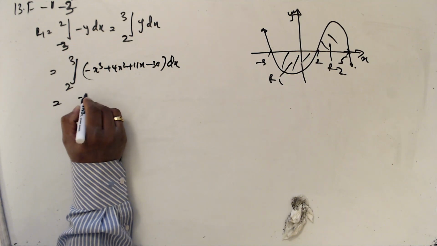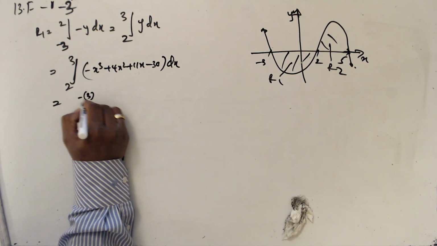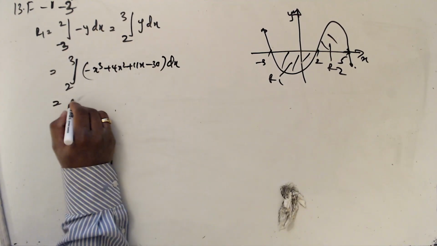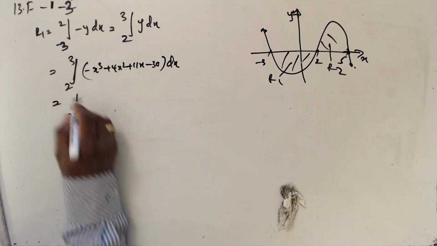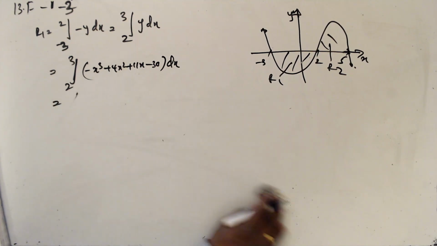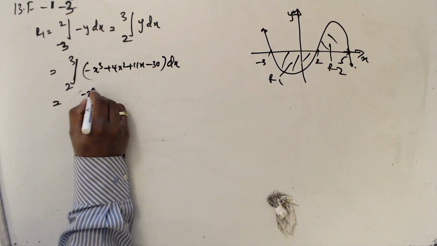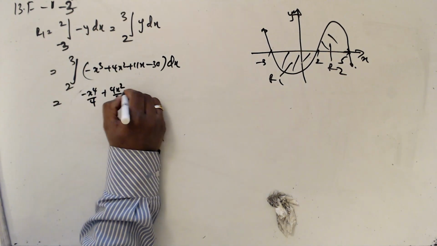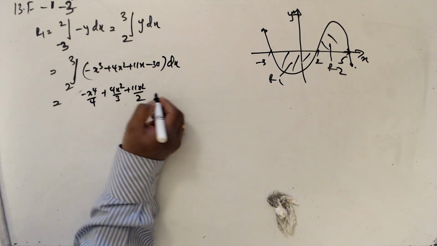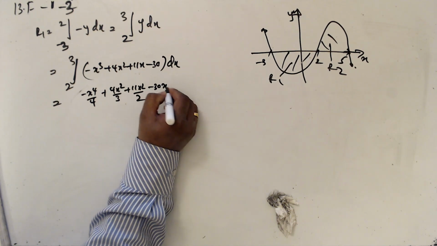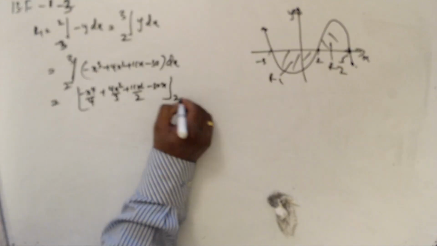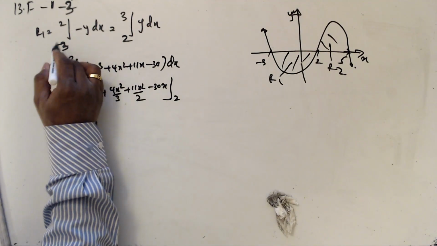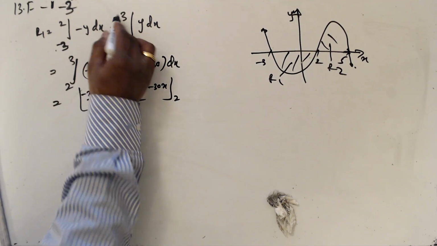Okay, I have to integrate this one first. So minus x to the power 4 over 4, plus 4x cubed over 3, plus 11x squared over 2, minus 30x, from minus 3 to 2.